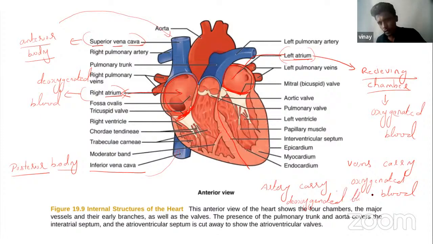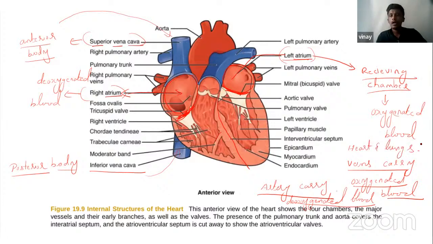So arteries carry deoxygenated blood and veins carry oxygenated blood. Where is it happening? Only between the heart and lungs.